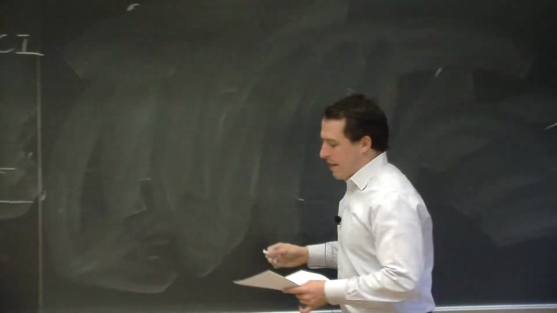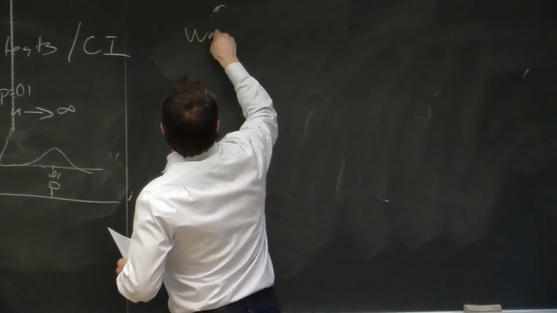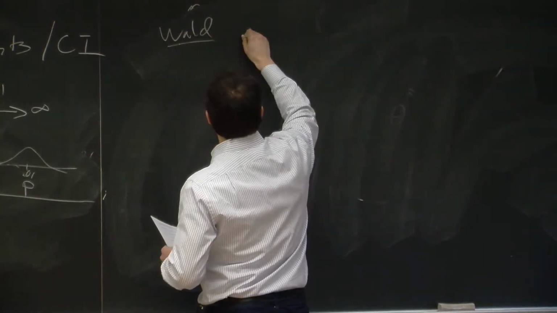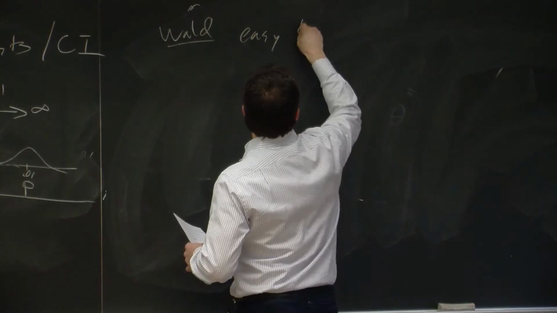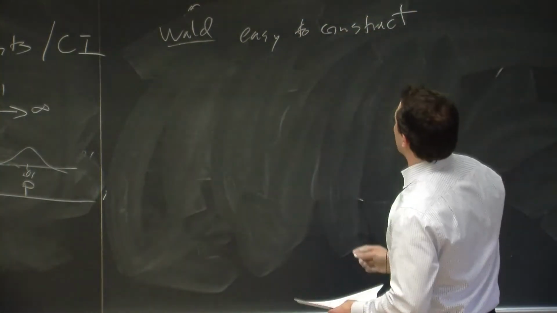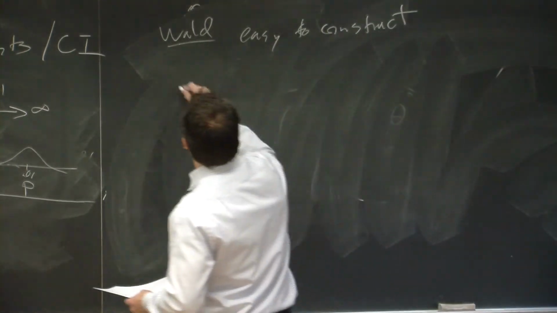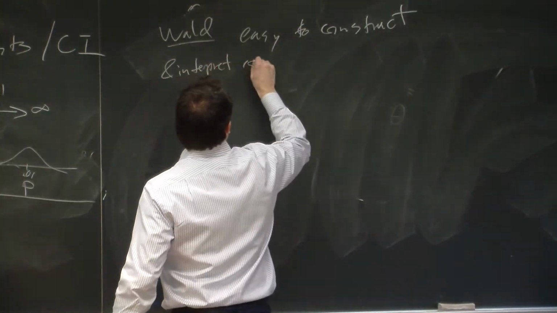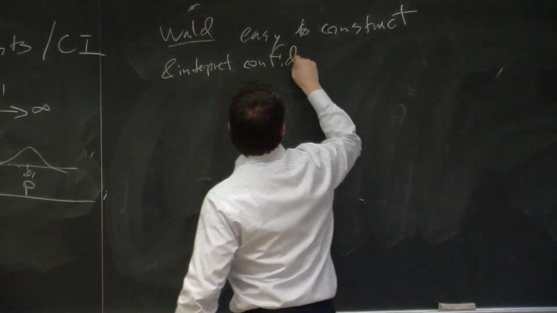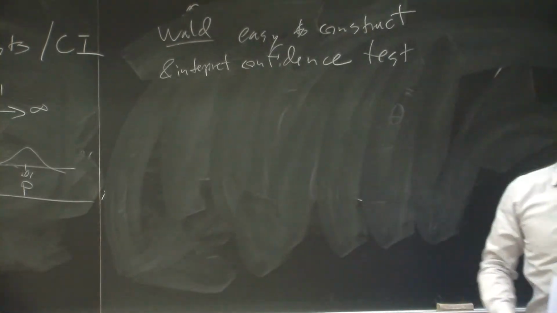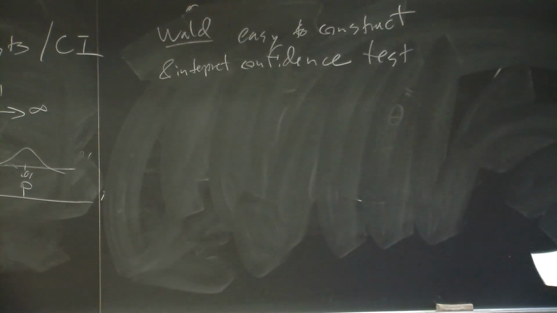So an advantage is that it's easy to construct. And that's one of the reasons that we teach them in introductory statistics classes. Construct and interpret. And that's really kind of their appeal. More that it's easy to construct them than that they actually work well.